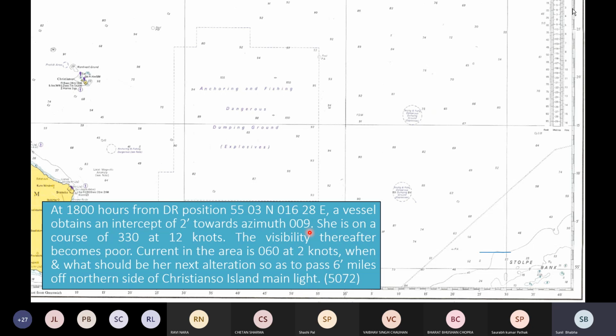Let's plot the DR. You can see the DR latitude, the DR longitude. Now, once we have the DR position on the chart, we know the azimuth is 009. Let's mark the azimuth. So we have the 009 azimuth here. Intercept is 2 miles towards. So from the DR position, I go towards the body a distance of 2 miles and I reach this particular point.